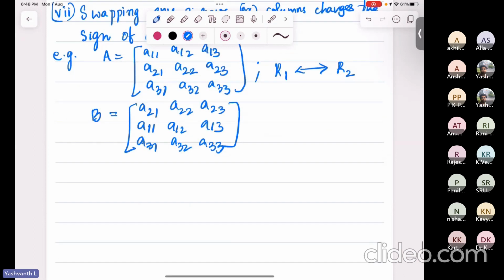Okay. Then the property is that the determinant of B equals minus the determinant of A. You can again check with an example.